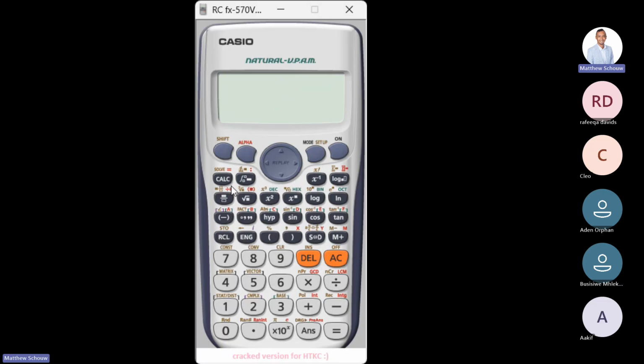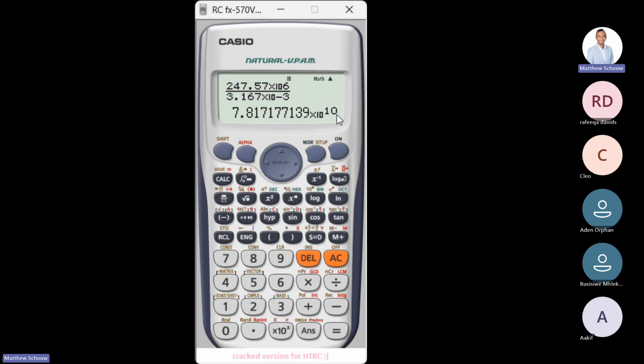Okay, so I'm gonna go to Cleo's question, right? Cleo, have you ever wondered why this ENG was here on your calculator? That ENG is something called engineering notation. I'm sure you guys have covered scientific and engineering notation. Nevertheless, if you put in 247.57 times 10 to the power 6, then you can say 3.167 times 10 to the power -3, and you press equal.